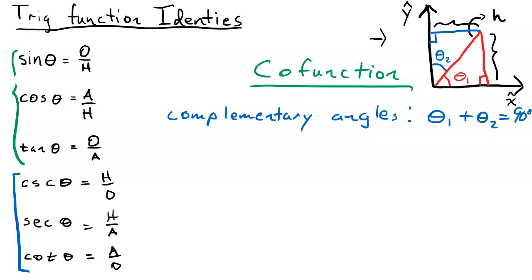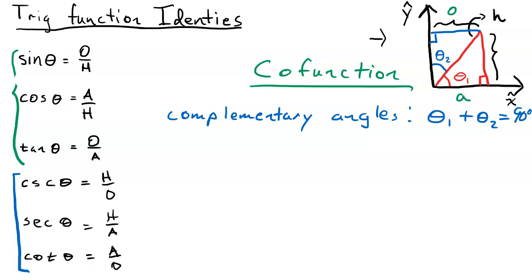So if we look at theta 1 and theta 2 and try to talk about their sine and cosine values, we can call this distance on the x-axis the opposite of theta 2, but it's also going to be the adjacent of theta 1.